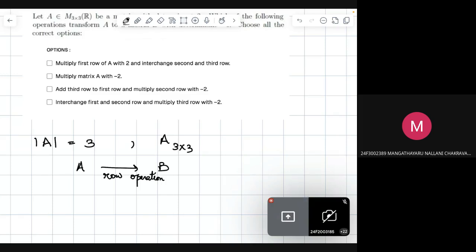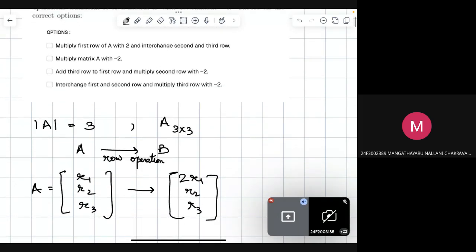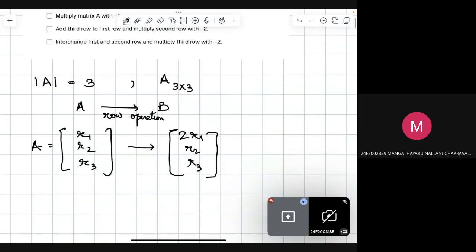So in the first option, multiply the first row of A with 2. If this is A, and A has row 1, row 2, row 3, this gets changed to 2 row 1, row 2, row 3. Then we are interchanging the third row and second row.